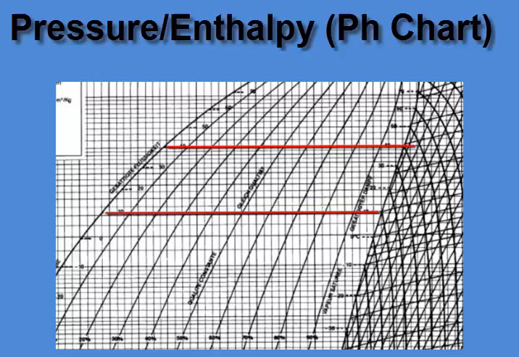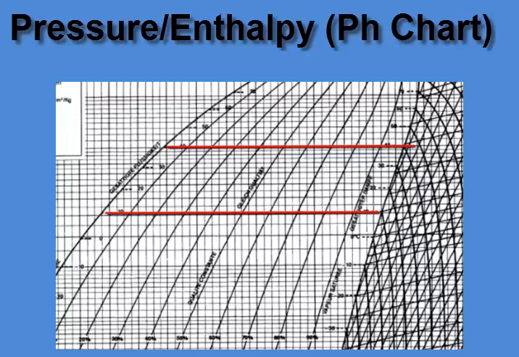Similarly, we will use the high pressure value or the condenser temperature to draw again a horizontal line connecting the two temperatures. In this example we have 40 degrees Celsius as the condenser temperature, and we have drawn a horizontal line on the top.